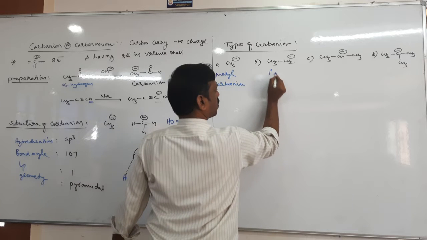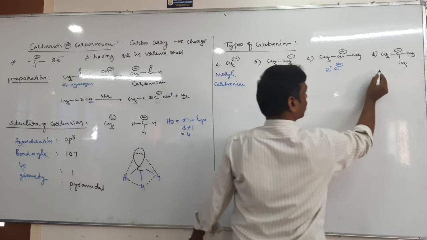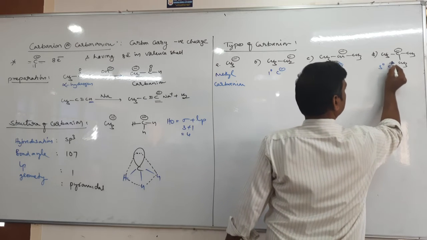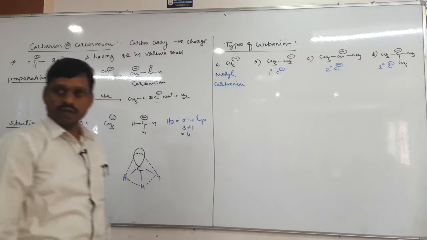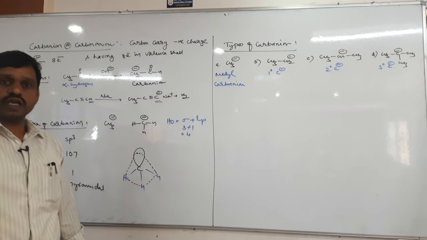This is a primary carbanion, 2 degree carbanion, and 3 degree carbanion. So there are 4 types of carbanion: methyl, primary, secondary, tertiary carbanions.